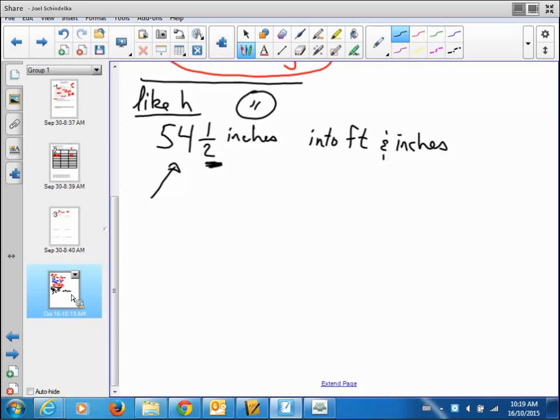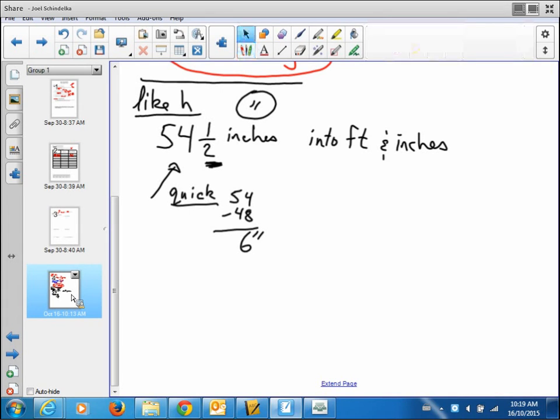Now, if you can't count it though, sometimes you got a huge number of inches. You'd want to use division, and here's the way you could do this. You following me on this? So I was telling you the quick way to do it, and then you just subtract the 48. I'll show you the quick way, and then if you don't understand. So quick way is knowing that 48 inches is 4 feet, so 54 minus the 48 is 6 inches left over.